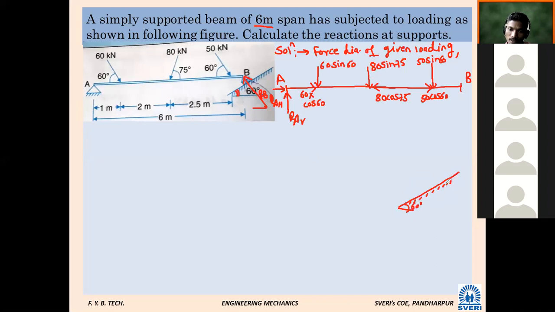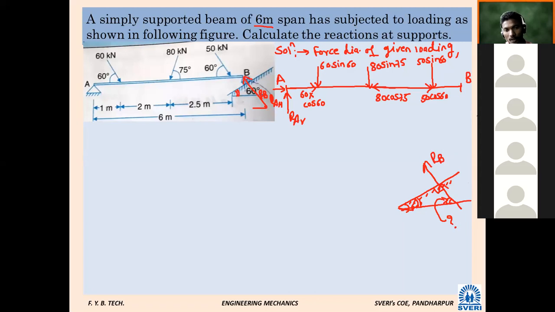The reaction will be perpendicular to that, correct? So this perpendicular reaction RB goes something like this. We want to find the angle made by this RB reaction with horizontal. If this angle is 60 degree, what is this angle? 30 degree, because this is 90 degree.